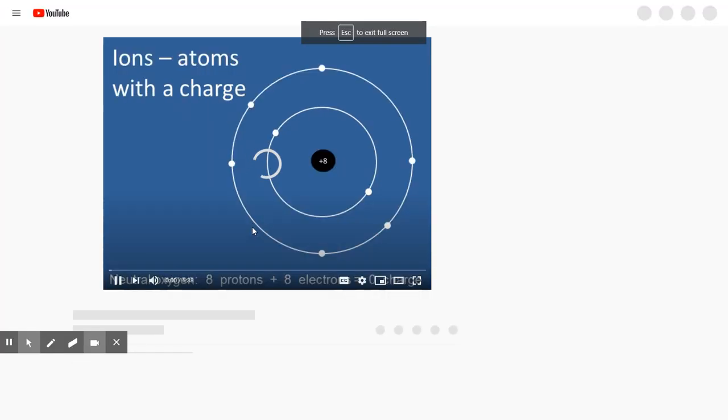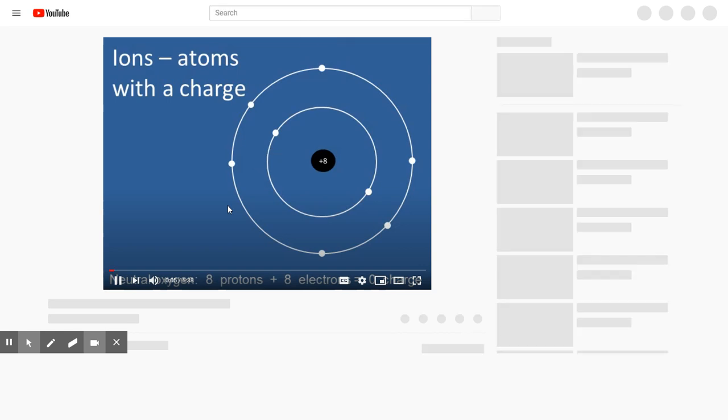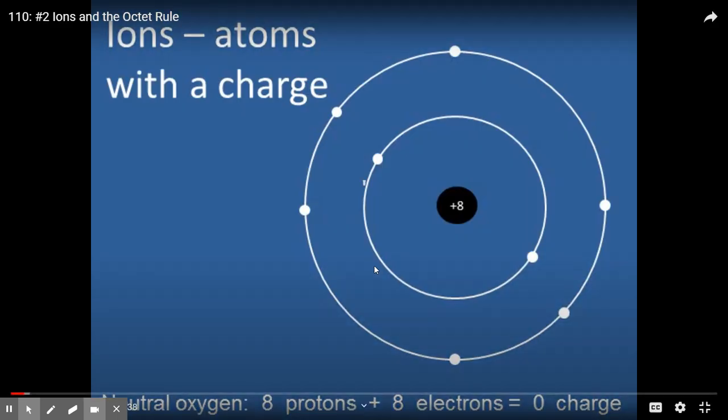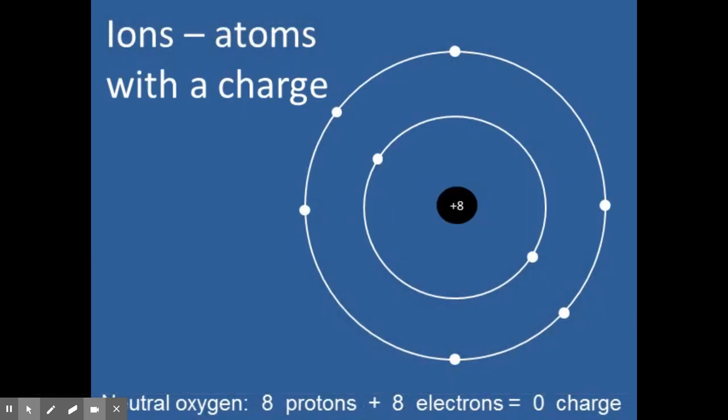Ions are atoms that carry a charge, either positive or negative. Let's take a look at oxygen, atomic number 8. You see, atomic number 8 means that there are 8 positively charged protons in its nucleus and 8 electrons surrounding it to balance that charge in the case of neutral oxygen, as it says at the bottom of your screen.